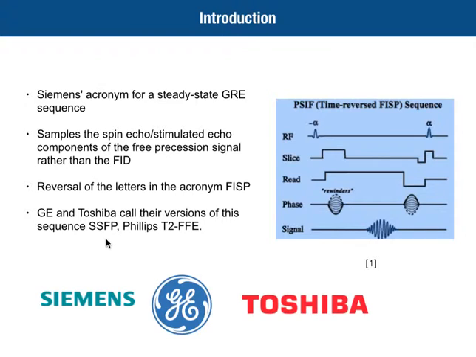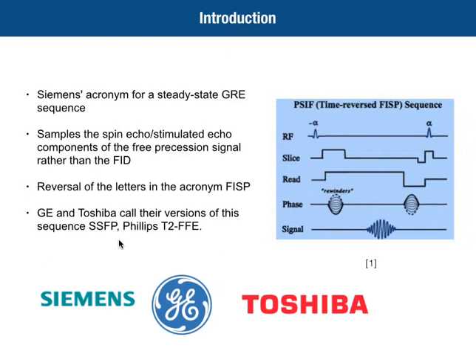SSFP stands for steady state free precession, which is a bit of a misleading abbreviation, but it is okay because they both show the feature of SSFP. And the Philips name is T2-FFE. FFE stands for, as we all know, fast field echo. Actually, gradient echoes are called field echoes by Philips.